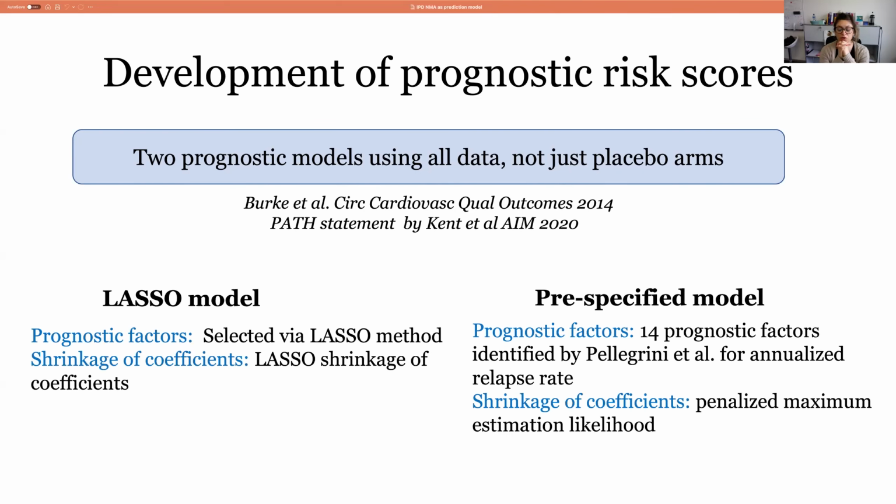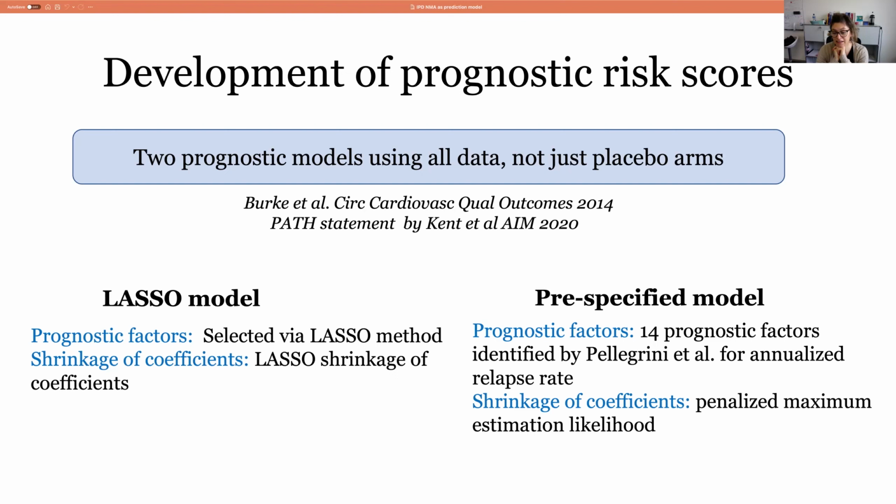And to develop the model, we use 2 approaches. One is we throw in the model all variables that we had, and that the clinicians suggest it is reasonable to assume can predict the relapse. Then we used lasso for shrinkage of the coefficients and model selection.